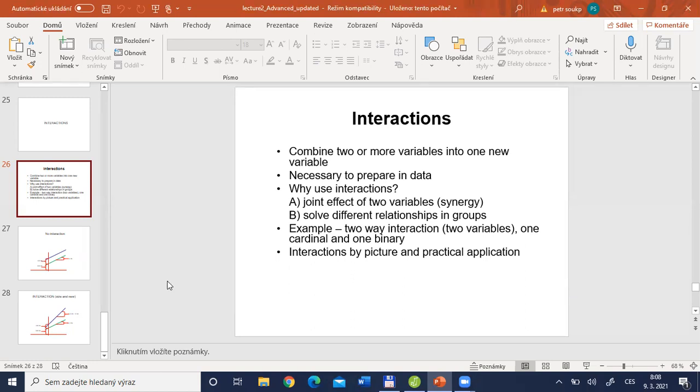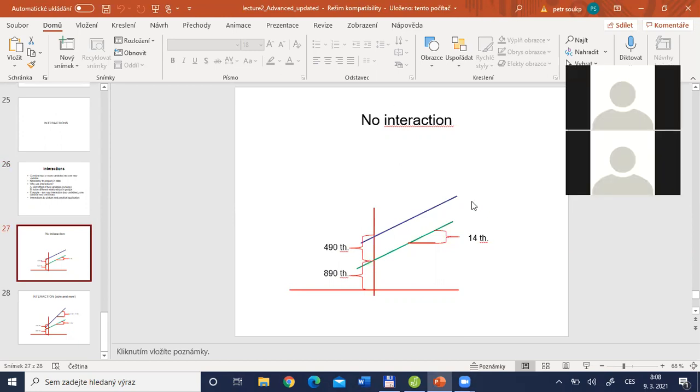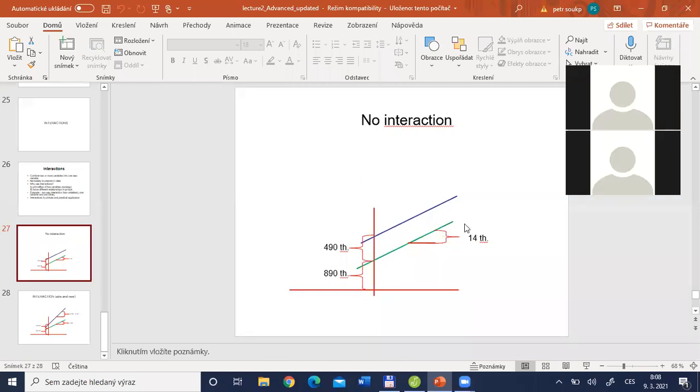So first of all, let's start with our previous example. We added the variable of size of the flat and whether it is new or not. If you apply this model, I would call it a model without interaction. So I would get this green line, which is a line describing relationships for flats in old houses.